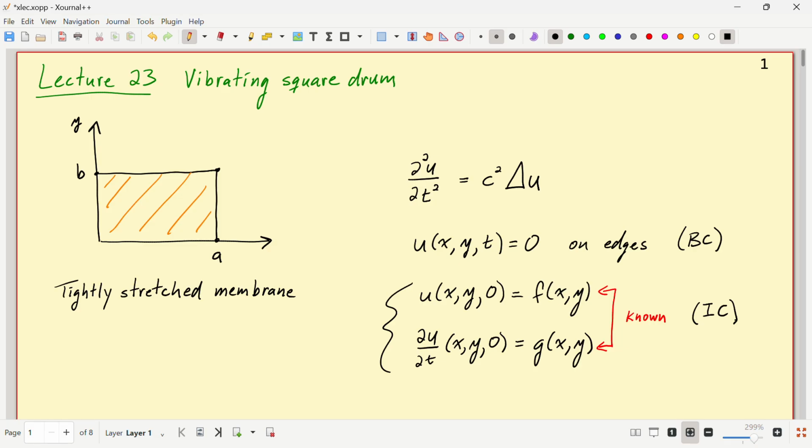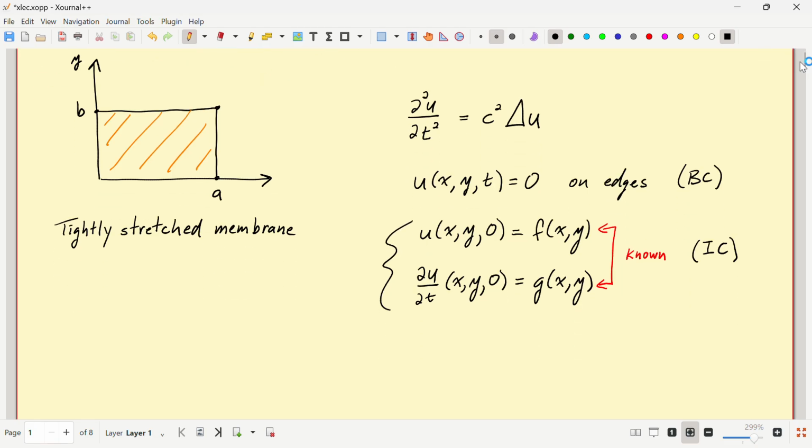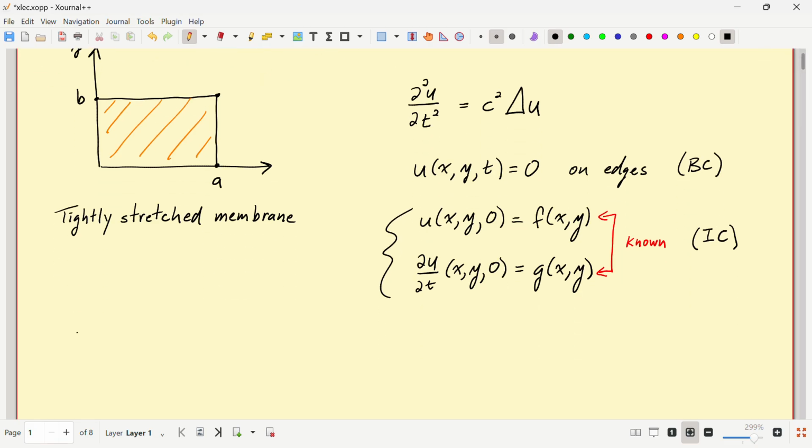And of course, we've seen the power of the method of separation of variables, and so that's exactly the approach we're going to take here. We're going to look for solutions by the method of separation of variables.